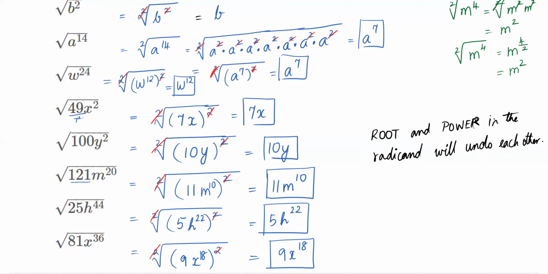I said root and power because this could be generalized, right? If I had fourth root, then the power must be 4 so that they will match. If I had third root, then the power must be 3 in the radicand so that they will undo each other. Okay. So we will now make it specific, and we'll say square root.